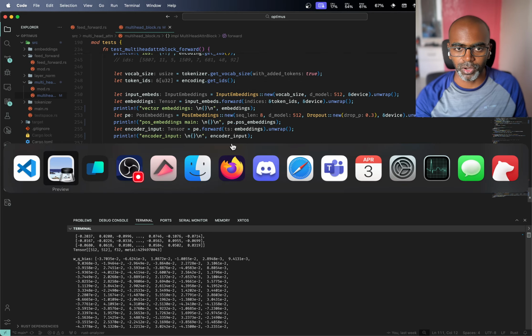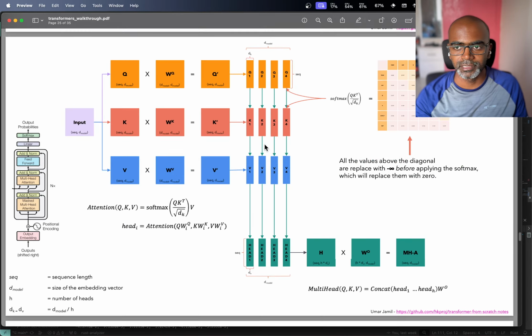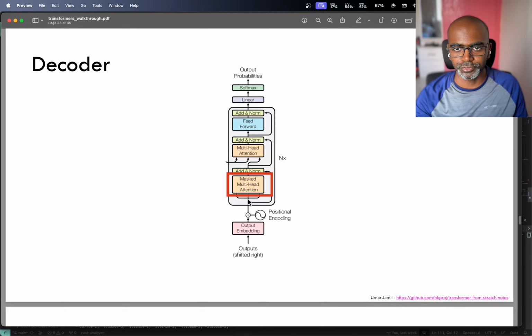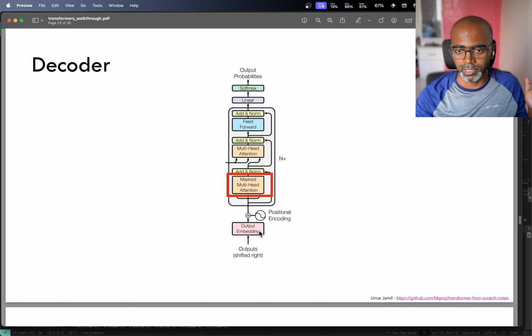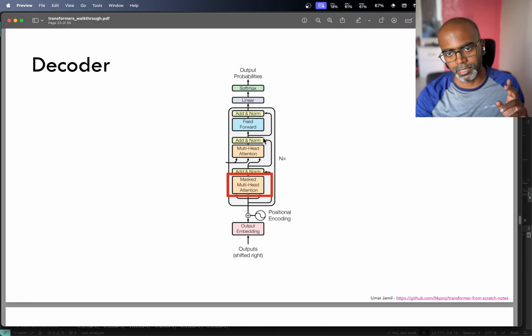Once we have put this block together, everything else in this diagram should be pretty simple. This is the decoder block now. We've pretty much got everything out. We can do the same. Output embeddings can be similar to input embeddings. Positional encodings have been done. The normalization layer is done. The feed-forward layer is done. The multi-head attention block is done.